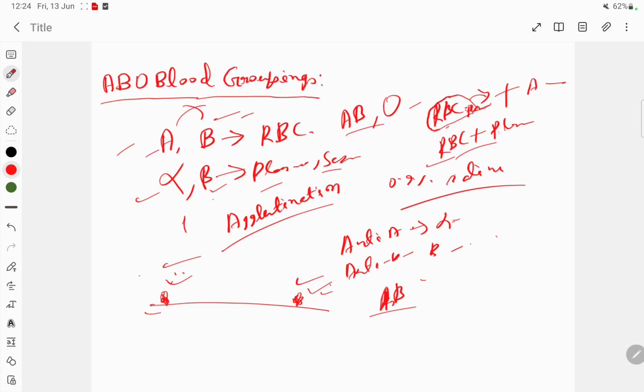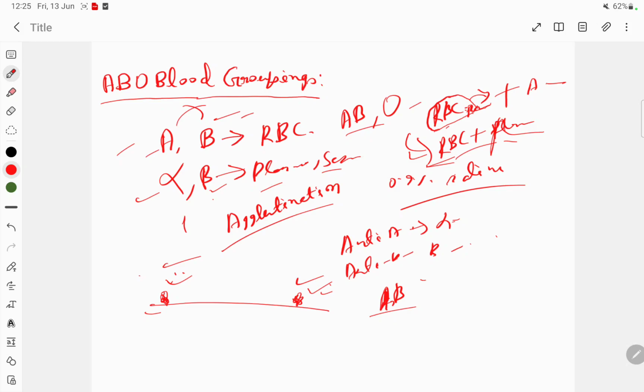The RBC of the donor is mixed with the plasma of the recipient because the RBC of the donor consists of antigen, and if we give that blood to a recipient who has the corresponding antibody in the serum, it may lead to agglutination or clumping, because the body will treat it as a foreign antigen, and immunological reactions will occur which will destroy the RBCs.